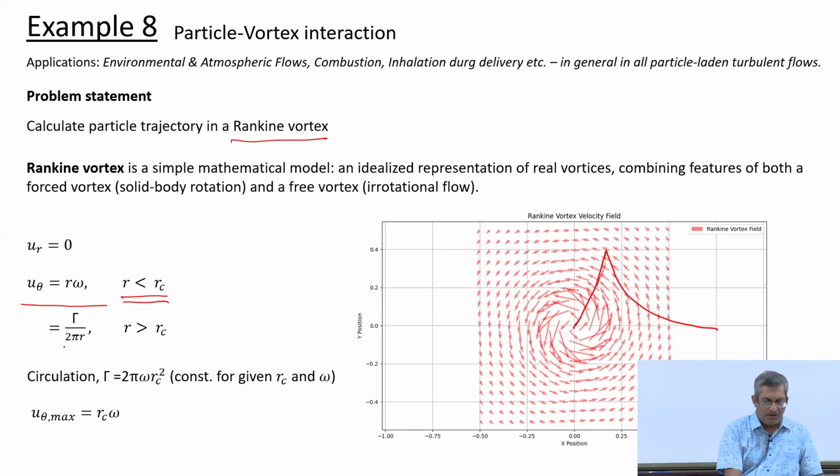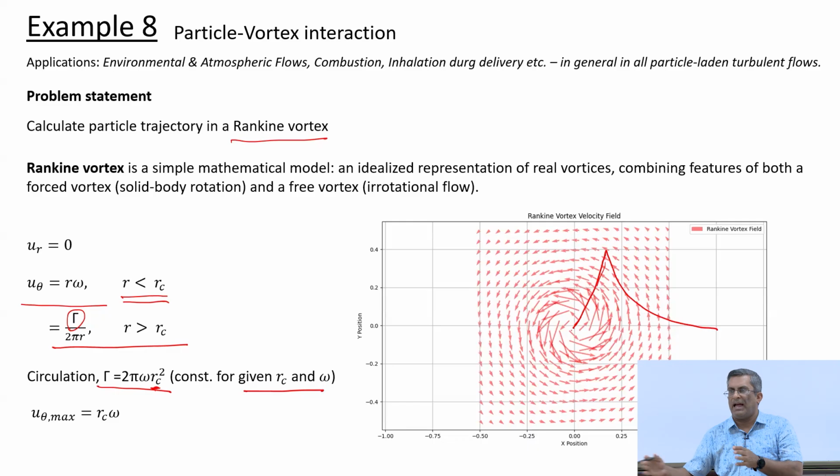And then we have free vortex, where gamma is the circulation, which is also dependent on the angular velocity and this radius. So this radius has to be specified. As you can see, for given radius and angular velocity, the circulation is fixed. As you move away from the center, the tangential component of velocity would reduce, as it happens in a free vortex, for example, a whirlpool.